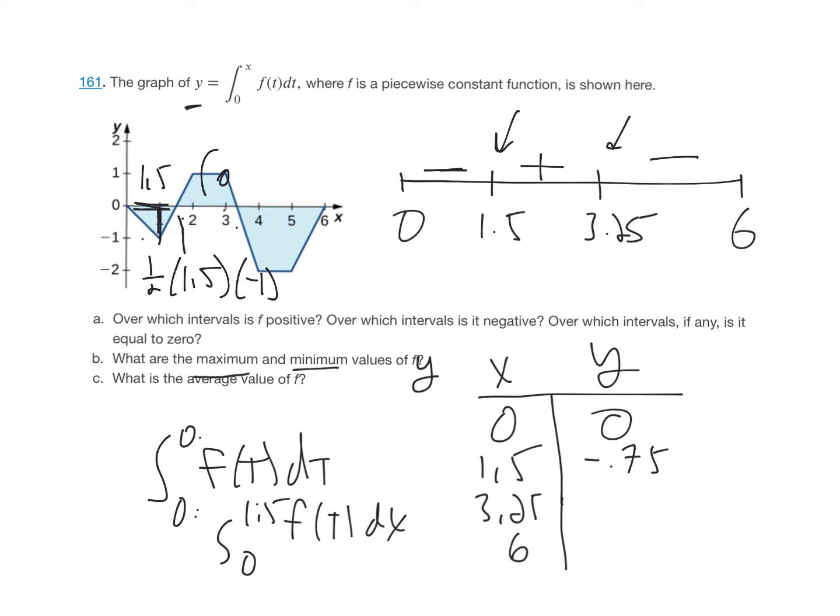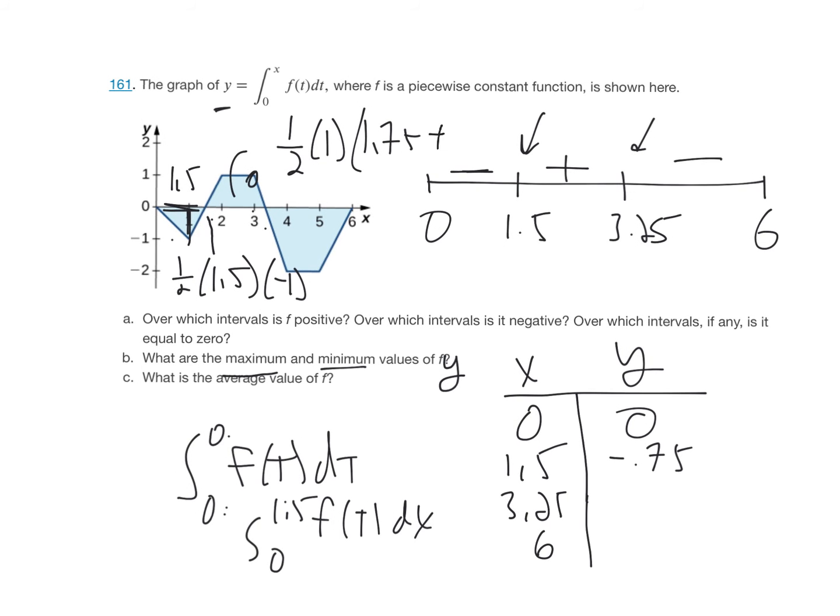I don't know. I see a trapezoid, with 1/2, the height's 1, times base 1, which is, let's see, 0.5 plus 1.75, plus base 2 is 1, right? Base 1 plus base 2 times the height divided by 2.